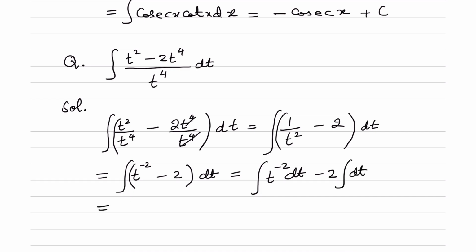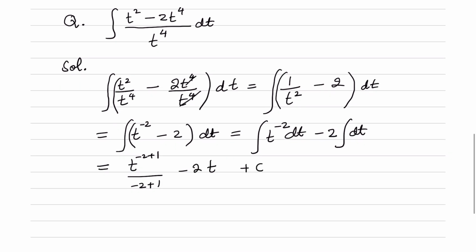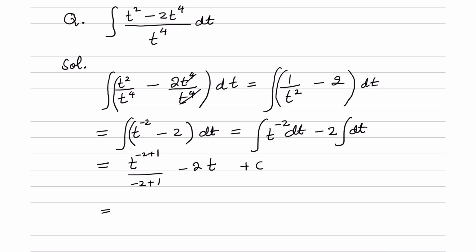So the first term integration by power rule of integration is: you add 1 to the power minus 2 and divide by the same power, minus 2t, and you add a constant, and then you can simplify this expression. It is t to power minus 1 over minus 1, minus 2t, plus some constant. It could also be written as minus 1 over t minus 2t plus some constant.